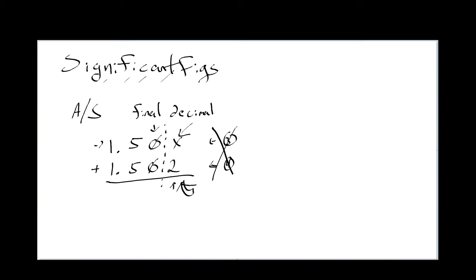You don't know. So this 2 is completely lost. So you go ahead and you add them up as normal. But then you just discard that. You round, but in this case it's a 2, so it rounds down, so your answer is going to be 3.00.